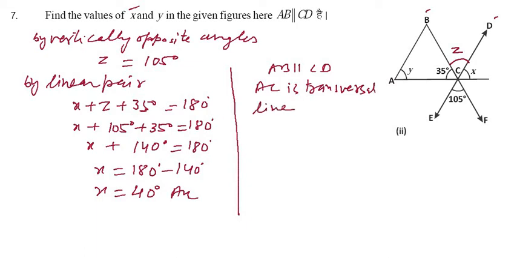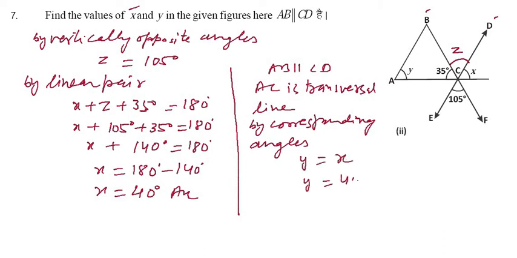That means by corresponding angles, y is equal to x. So you can say here y is equal to x and x is equal to 40 degrees. So that will be your answer.